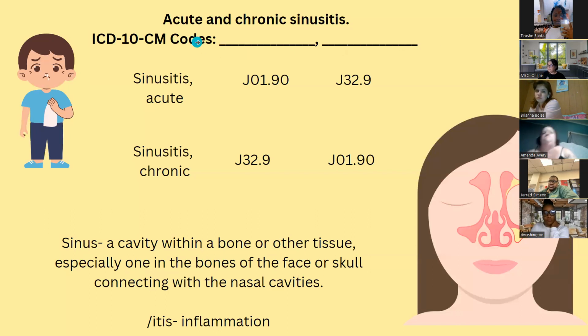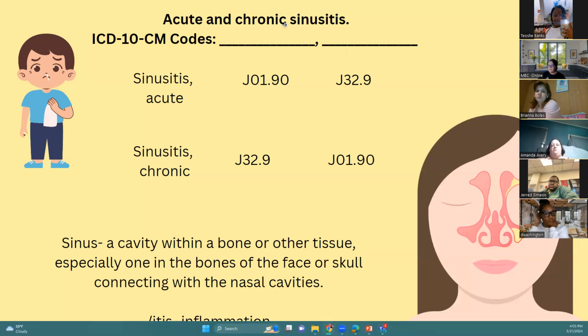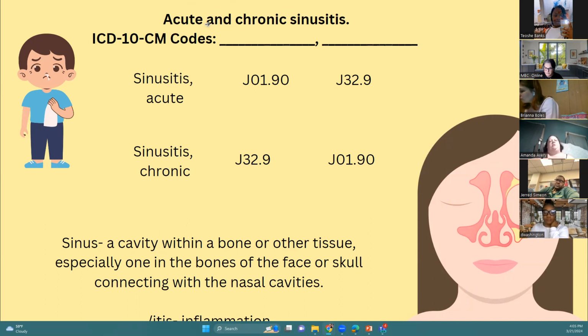All right, so acute and chronic. I have to move this out of my way. Hang on just one minute, guys. There we go. Acute and chronic sinusitis. The first thing that I want you to know is what acute means. Can anybody give me the meaning of acute? It means it's short, it doesn't last. It's short term.